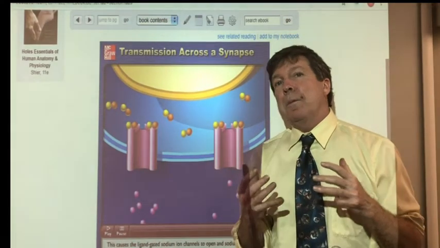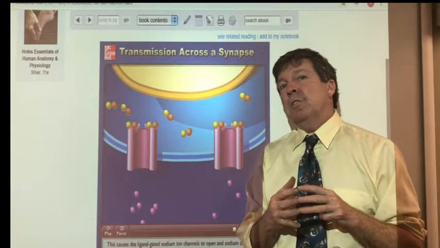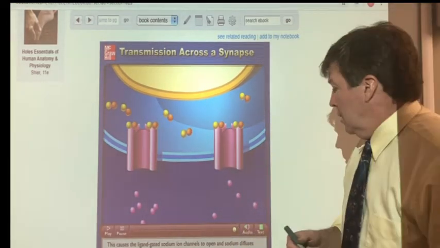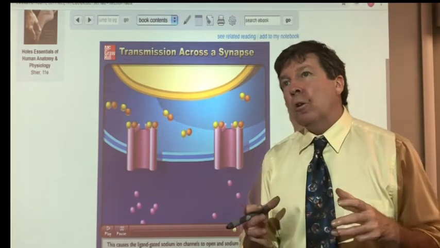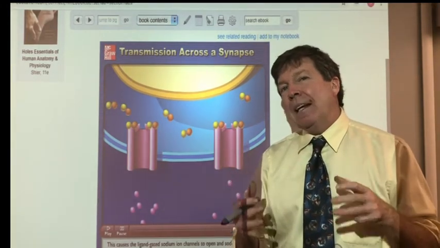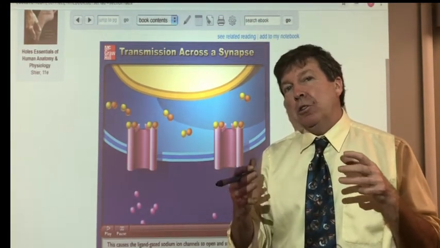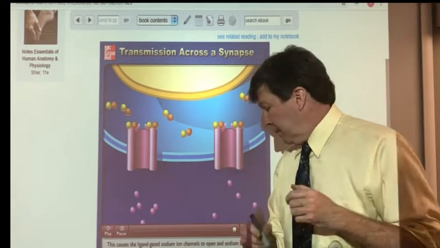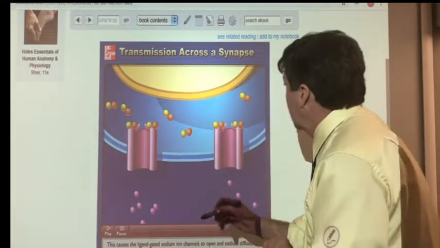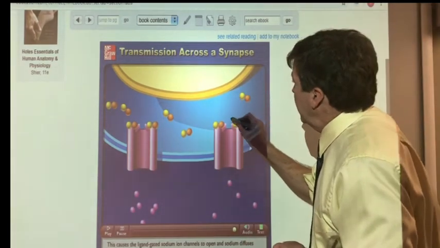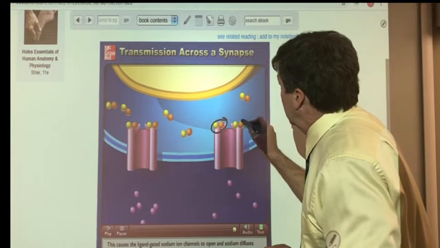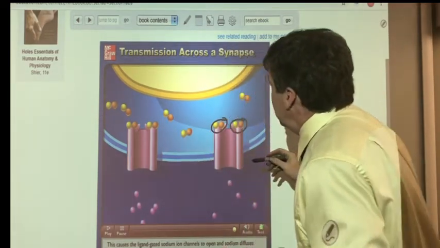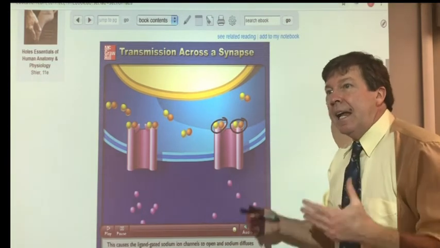So notice a couple important things here. First of all, that acetylcholine is actually going to have an important role in opening up that voltage channel for the sodium. So notice here and here, these are ligand-gated channels.